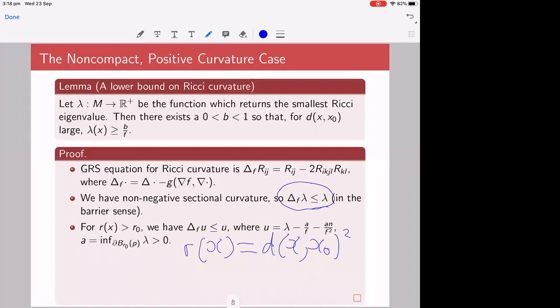Now, what we're going to do is introduce another function u, which is basically taking lambda and subtracting some copies of f, 1 on f and 1 on f squared here. Now, this is just a computation. It involves working out what the Laplacian of 1 divided by certain functions is.